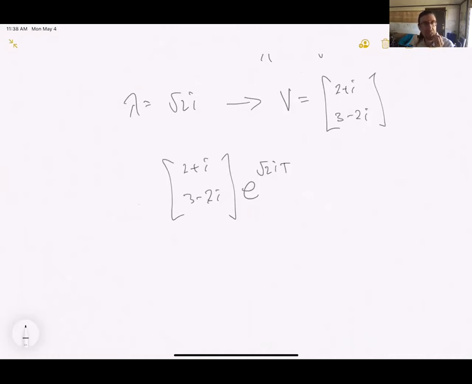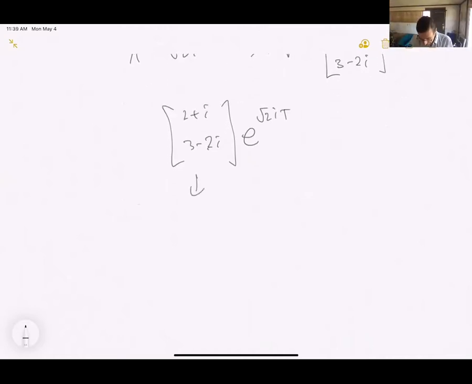Now, what do we do? How do I get two? To get the general solution, we need two real solutions. We have one specific complex solution. We've got to break that up into two real solutions. Anybody remember what to do? Euler's formula, right?